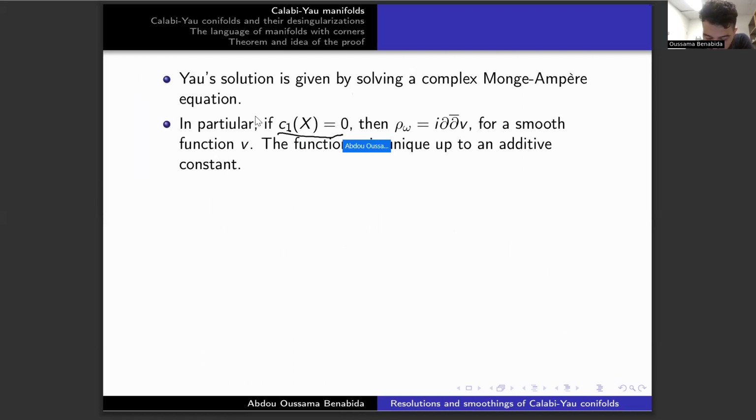So if the Chern class is equal to zero, we start with any Kähler form omega, and we look at its Ricci form. Since the Ricci form is in the first Chern class, which is zero, it must have a potential. So it's i∂∂̄V for some smooth function V. V is not unique, but it's unique up to an additive constant.